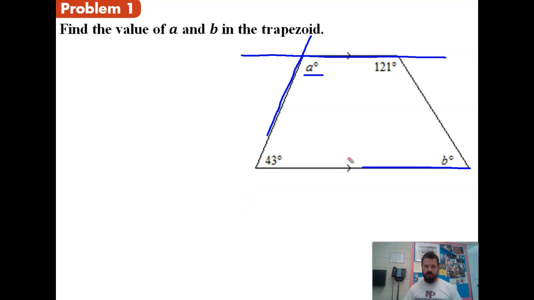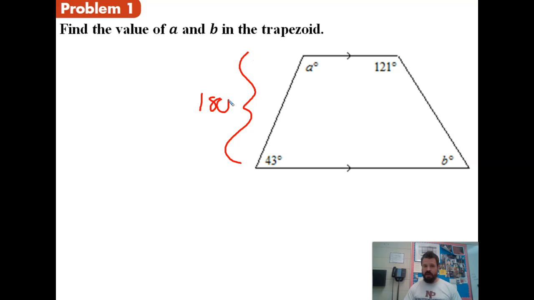So let me get rid of the extra lines I've got here. Again, the A and the 43 are essentially same side interior angles. We know they're supplementary to each other. They'll add to 180. So to find A, I can say A is equal to 180 minus the 43, which would give us 37 degrees for A.